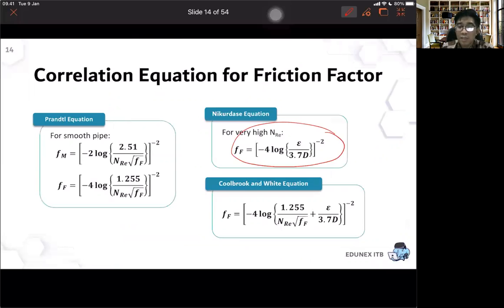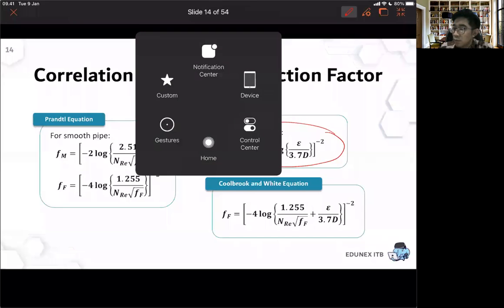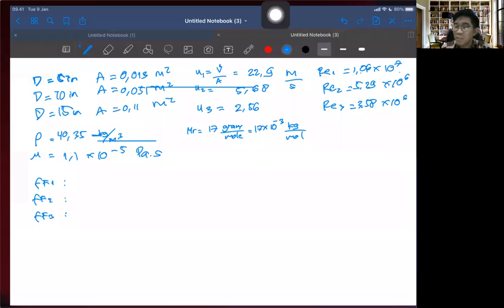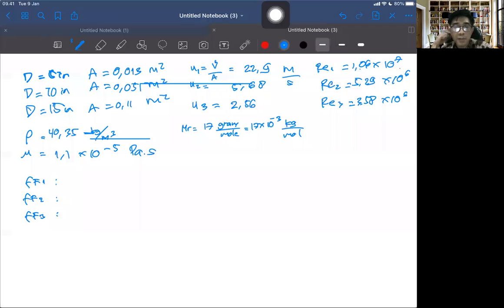Please take note of this equation and try to calculate the friction factor for each Reynolds number. The epsilon over D is 2 times 10 to the power of minus 3.